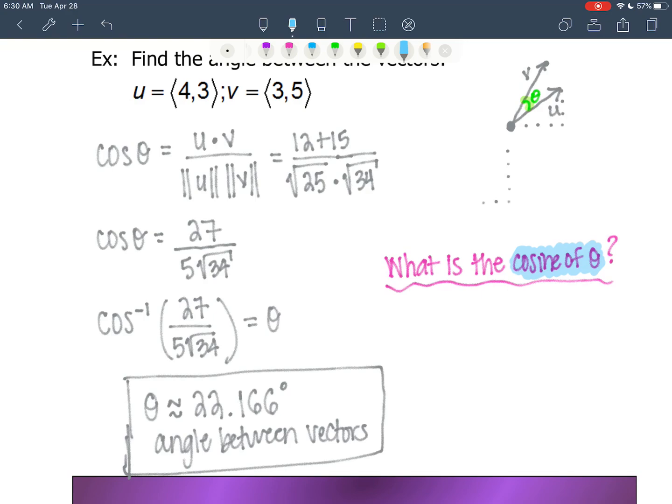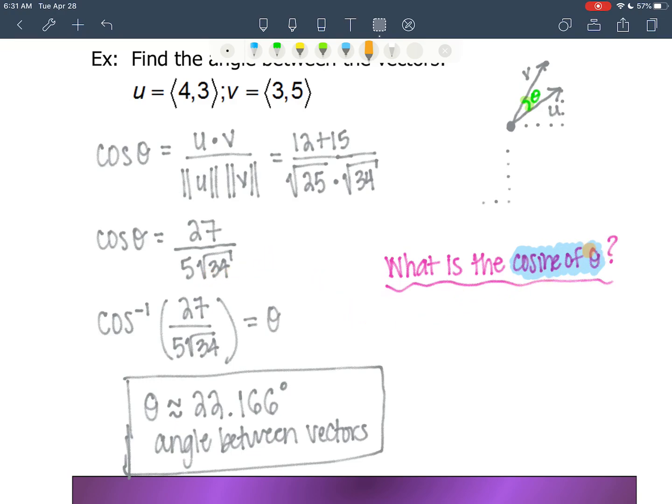Well, the cosine of theta is, here I am, I'm going to play a little karaoke right here. Here's my little karaoke ball. The cosine of theta is this fraction, u dot v divided by the product of the magnitudes. In this particular problem, it's 27 over 5 times the square root of 34.